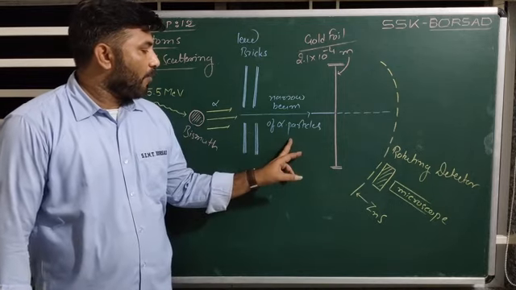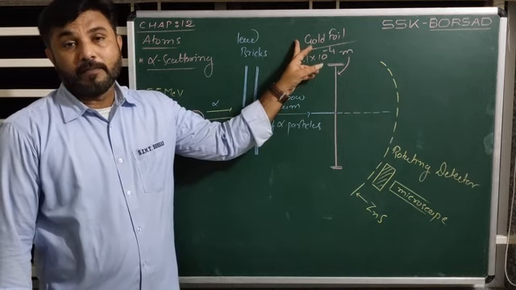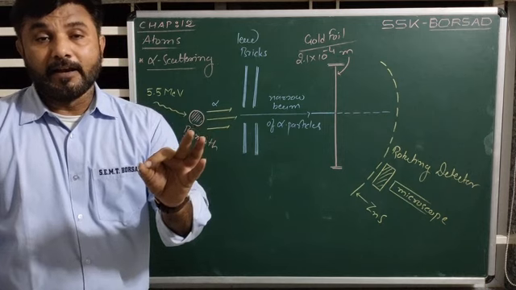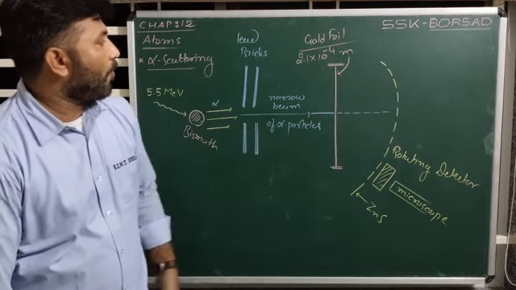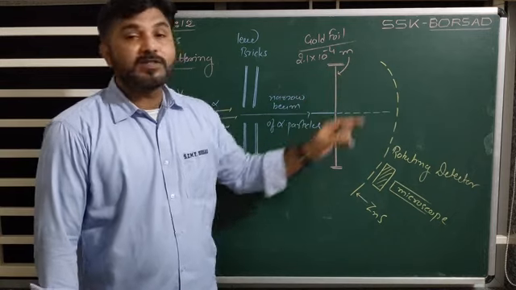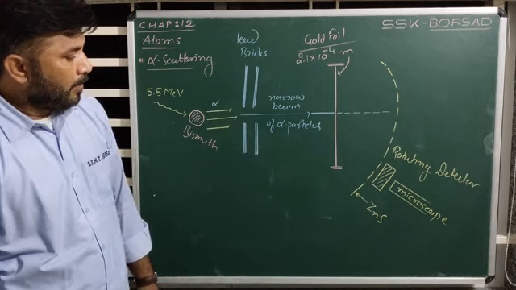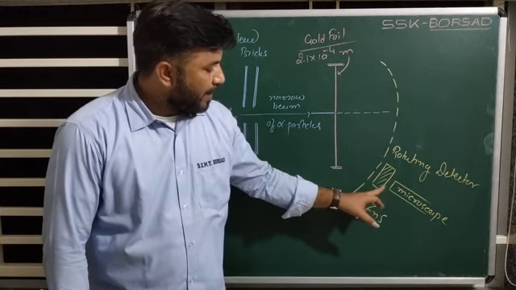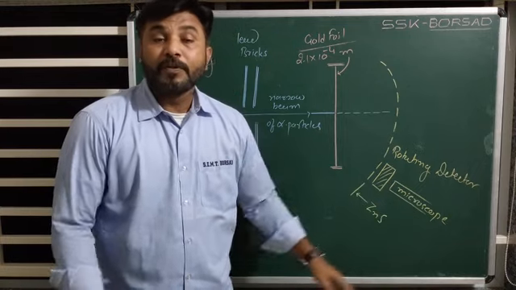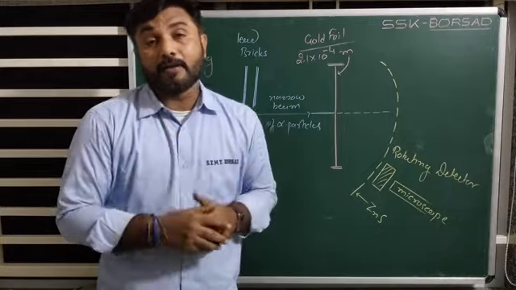This narrow beam of alpha particles gets incident on a gold foil. The gold foil is very thin, and the thickness of the gold foil is 2.1 multiplied by 10 raised to minus 4 meter. Okay, there is a rotating detector and microscope which is used to detect flashes of light.